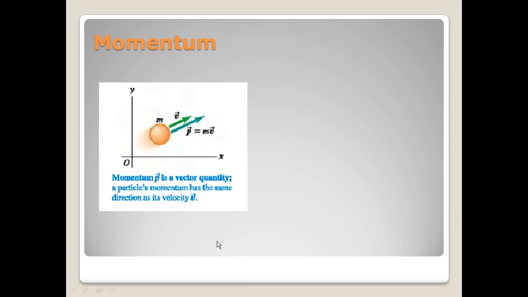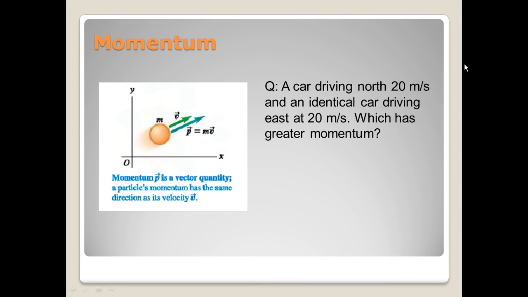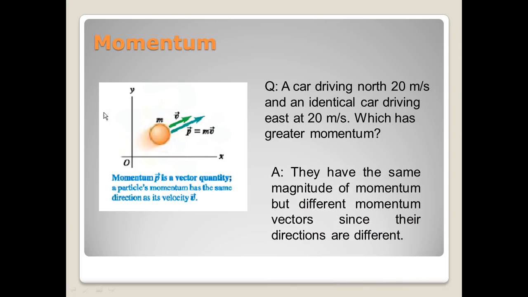Let's consider the following examples. Question: a car driving north at 20 meters per second and an identical car driving east at 20 meters per second, which of these two has the greater momentum? The answer is they have the same magnitude of momentum, but they have different momentum vectors since their directions are different.